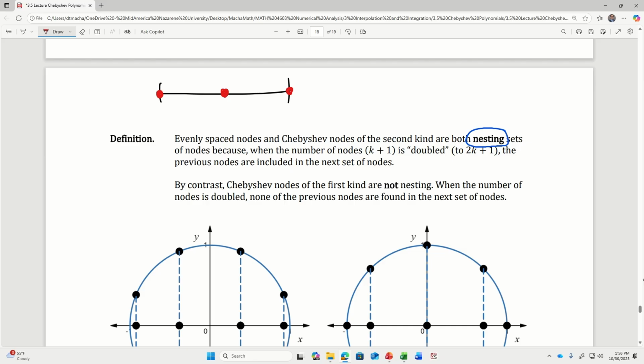If I want to bump this up and get 5 evenly spaced nodes, I get to keep the 3 evenly spaced nodes I used for Simpson's rule. And then I just add 2 extra nodes to get my Boole's rule nodes, right? So when I say they're nesting, I mean if I want to increase the degree of exactness, I don't have to find a whole new set of nodes. I just use the ones I have and then I add a couple.